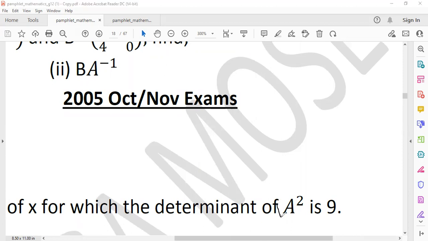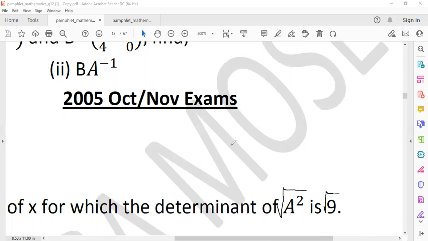That means it's the square root of a squared and the square root of 9.